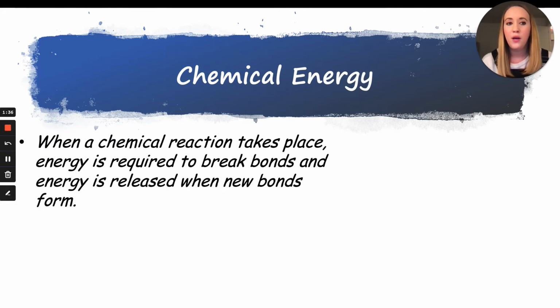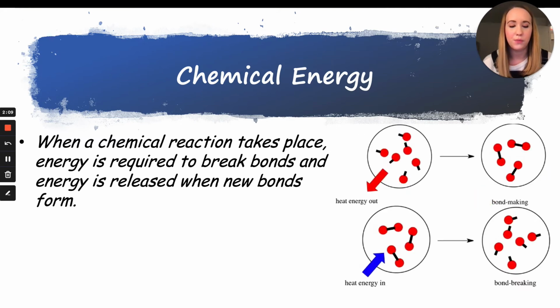So when we look at any chemical reaction, thinking back to the rates topic, we know that when a chemical reaction takes place, we need energy to break the bonds in the reactants. So energy needs to be put in for those bonds to be broken, but we also get energy back when new bonds form in the products. So some energy has to go into the reaction, but we also get some energy back out.